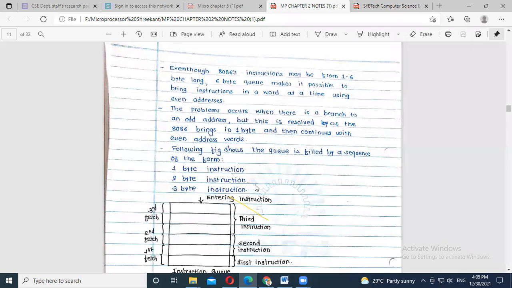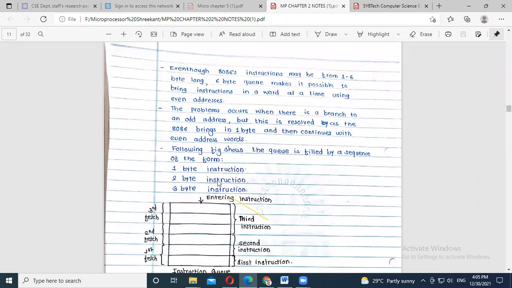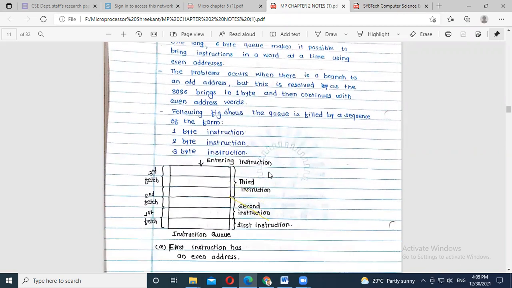8086 instructions vary based on the number of bytes: 1 byte instructions, 2 byte instructions and 3 byte instructions, for odd and even addresses.